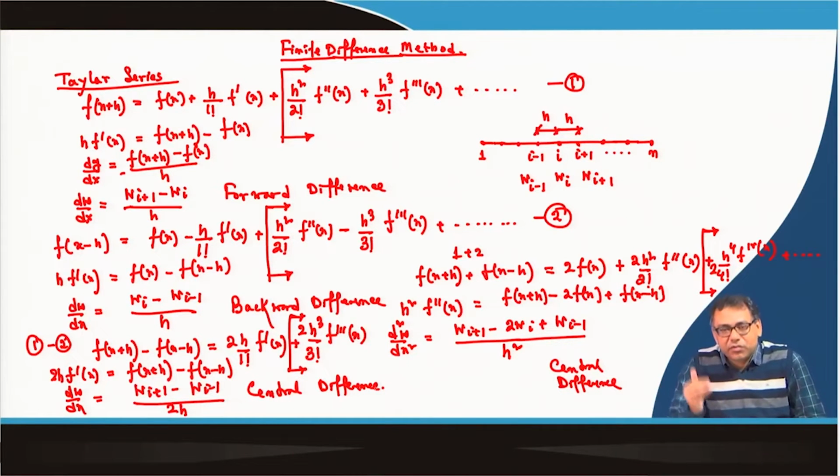Our aim is to get a solution very close to the closed form solution. Closed form solution will give the actual solution, but sometimes it is very difficult to get, so we take the help of numerical tools, and our aim is to get as close as possible to the closed form solution. Definitely there are some errors, but with the central difference scheme our error will be less compared to the backward and forward difference schemes.